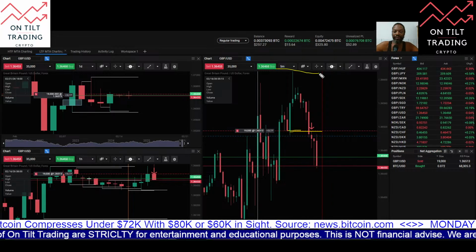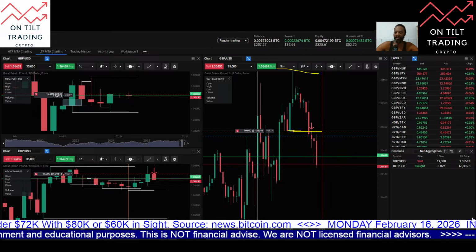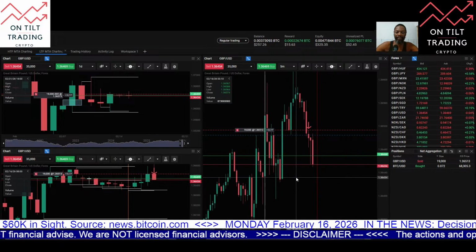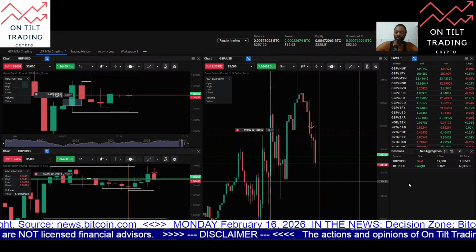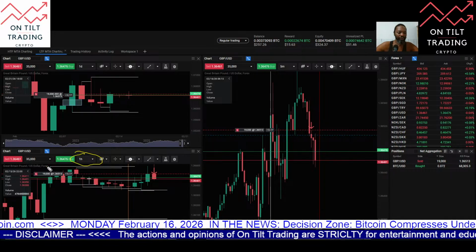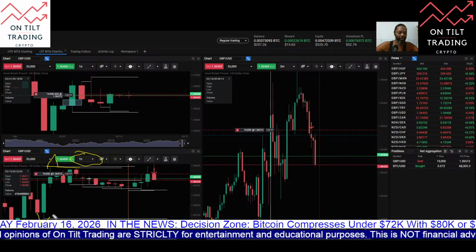And then I've had my stop back here, and then my take profit is the swing low associated with the swing high on the 1-hour chart. So here on the 1-hour chart, this is the swing high right here, and this is my swing low right here.